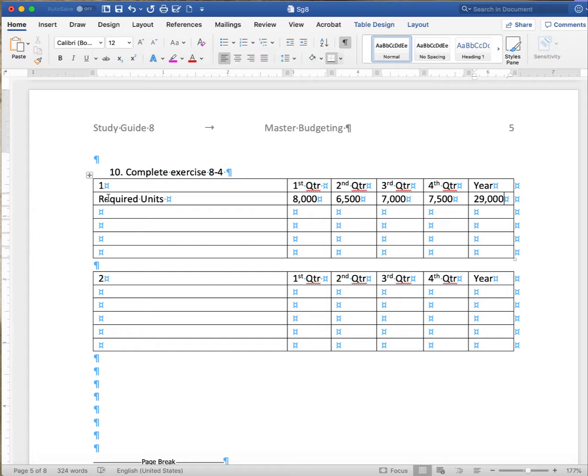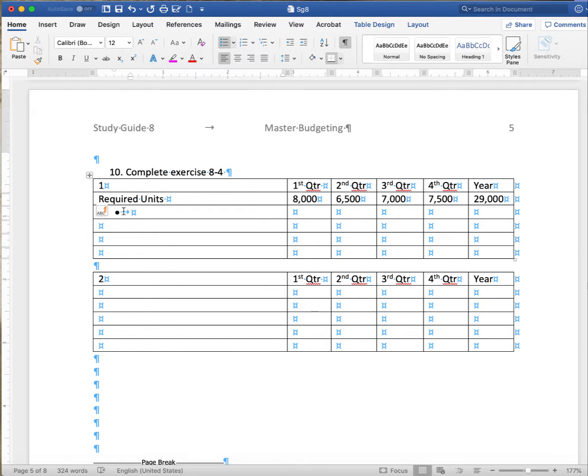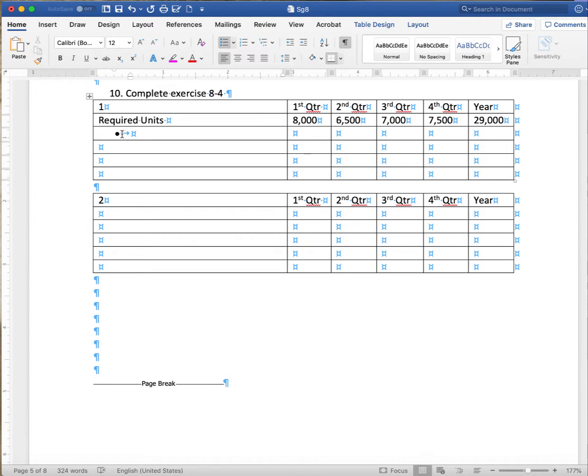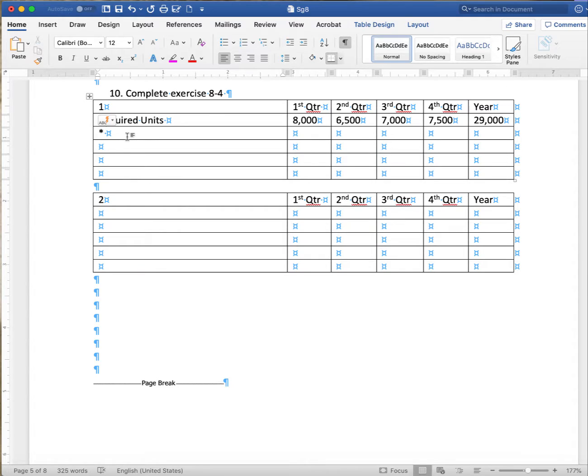Okay, so first thing we're going to do, and let's go through the formula, so to speak, of how to calculate direct labor hours for each quarter. We got to start off with our required units in production, and then to that we're going to multiply the direct labor time per unit.